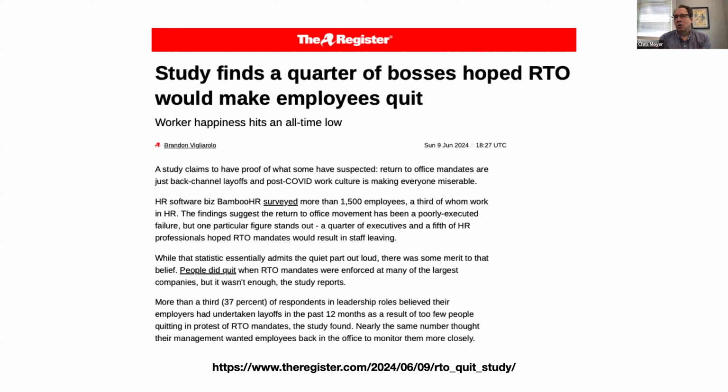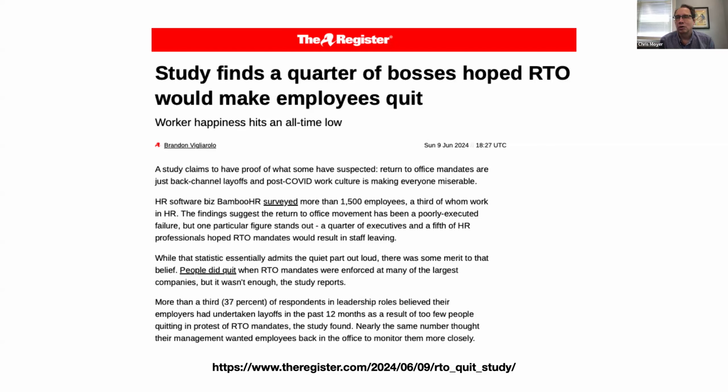More than a third of the respondents in leadership roles believe their companies had undertaken layoffs in the past 12 months as a result of too few people quitting in protest of return to office mandates. So they were intentionally forcing people back to the office in the hope that large numbers of them would quit and save them the trouble of having to do layoffs and paying severance and stuff like that.